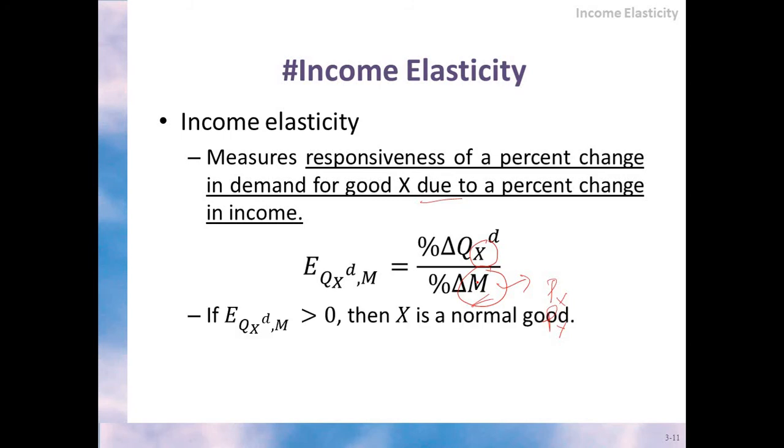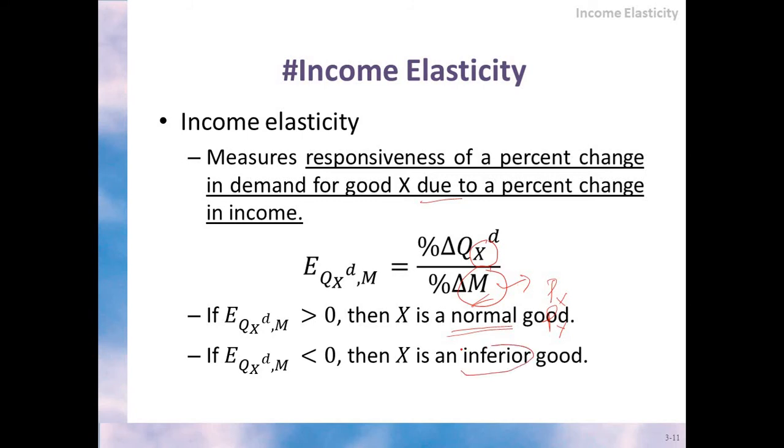Remember what we have learned in chapter 2, good X can be a normal good, or good X can be an inferior good. So for income elasticity, you have to look at the sign, because the sign can be positive or negative.